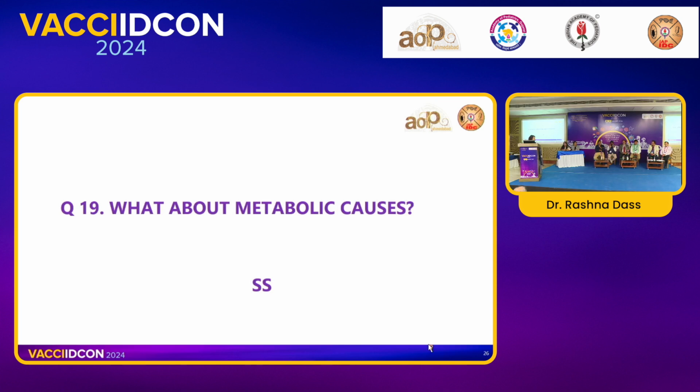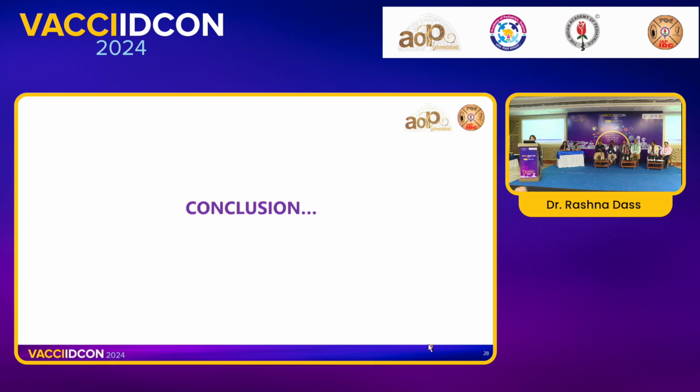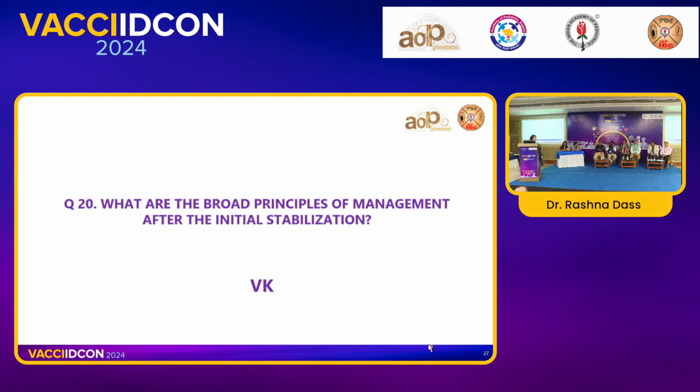From blood we take ammonia, lactate, ABG, and we can send a dried blood sample for TMS. A delay in taking the sample should not prevent treating the patient; treatment should be started simultaneously. We do not give any specific treatment; the non-specific treatment of multivitamins and the cocktail can be given to the patient.